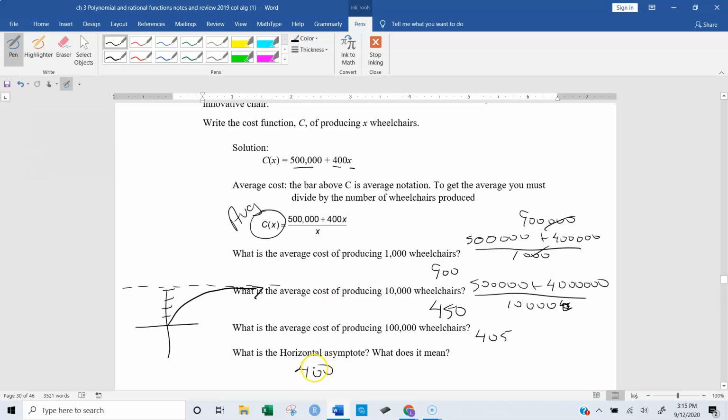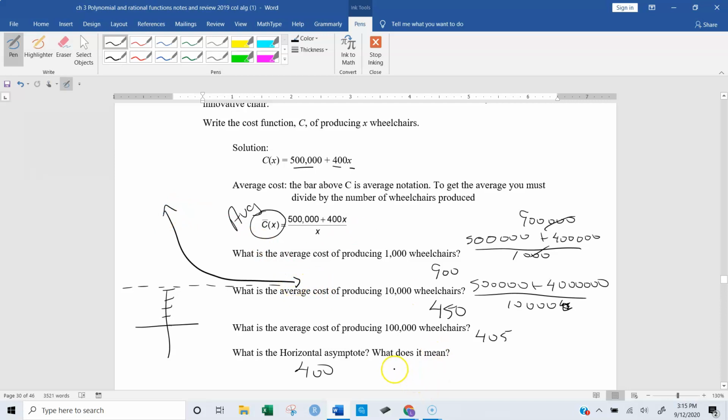I mean, higher. I just did that backwards, I'm sorry. And it's approaching from the top. So it's going to approach from here and approach your $400 mark. So it will never get lower than that 400. Does that make sense? But it will get as close to it as you can.